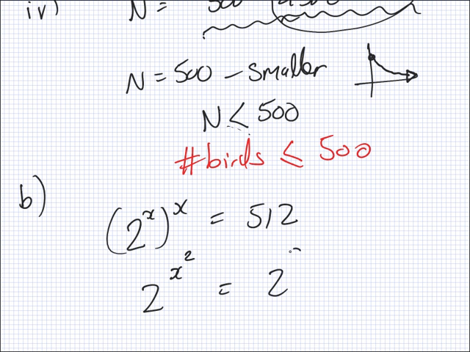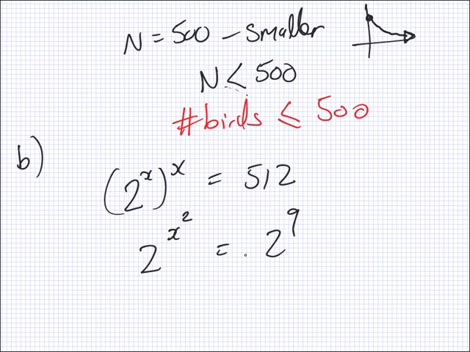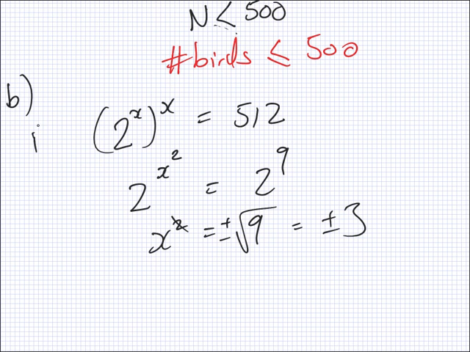This is 2 to the power 9. So x squared equals 9. So that means plus or minus 3 is the answer. 1 mark. Alright, that's part 1.